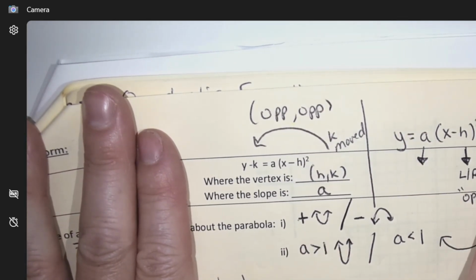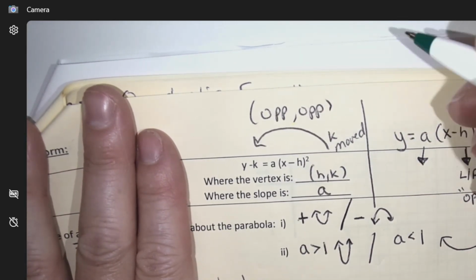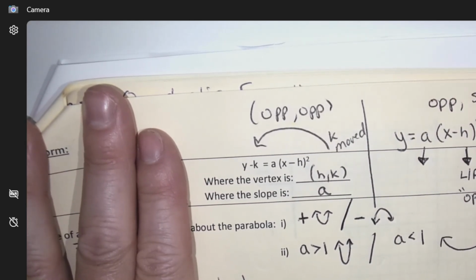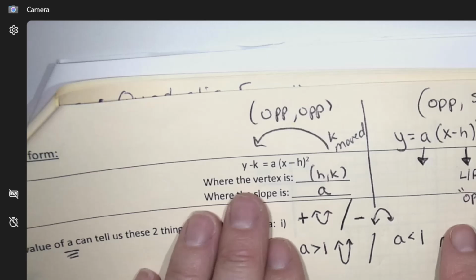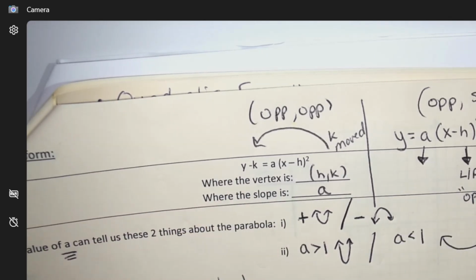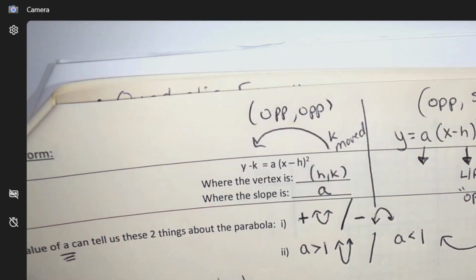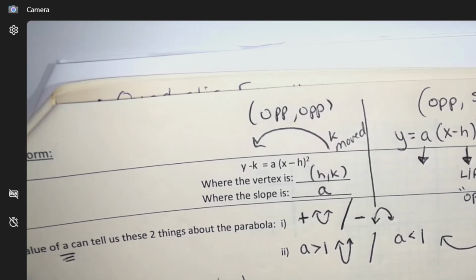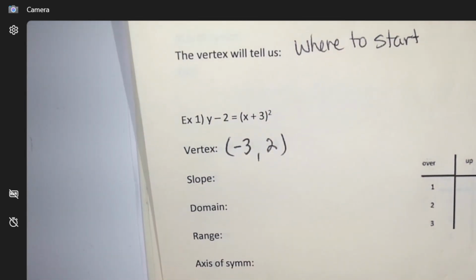But if it's on this side, it is opposite, same. So do you see the difference in that K movement? Okay, what is the slope?